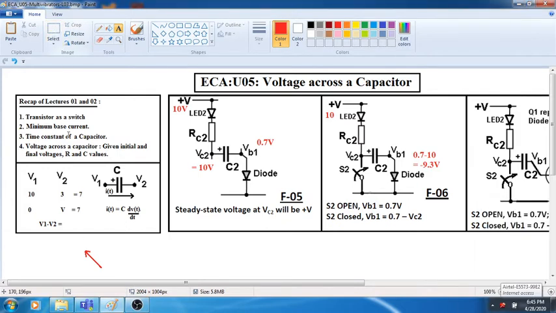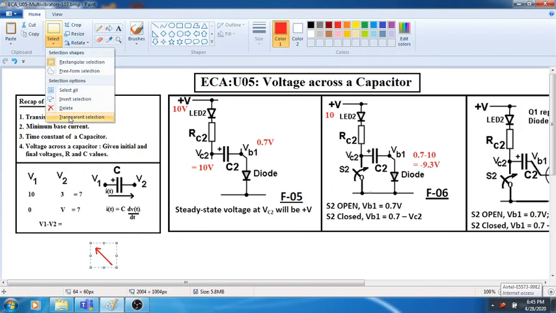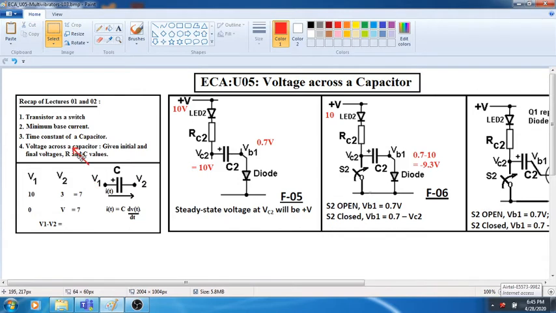Now we have done till now important concepts like how to design a transistor as a switch, how to select the minimum base current required, how to calculate the time constant of a capacitor, and how to find the voltage across a capacitor given the initial and final voltages, that is Vi and Vf, and of course the time constant from the resistor and capacitor.